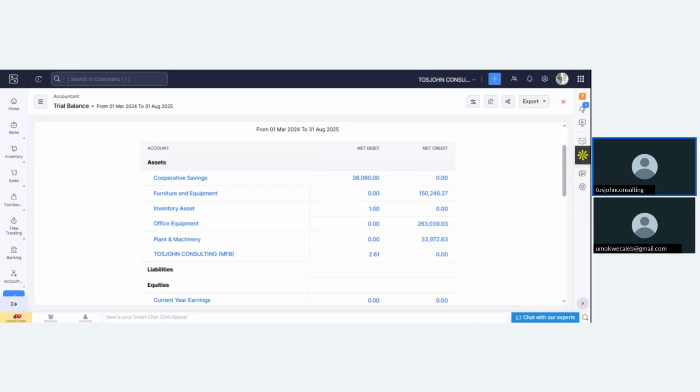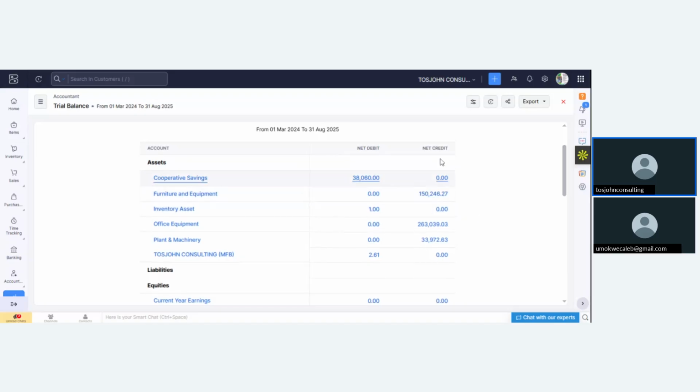So two legs, for each debit and credit. You're now going to look at the trial balance, which will finally give you your final account, the statement of financial position.